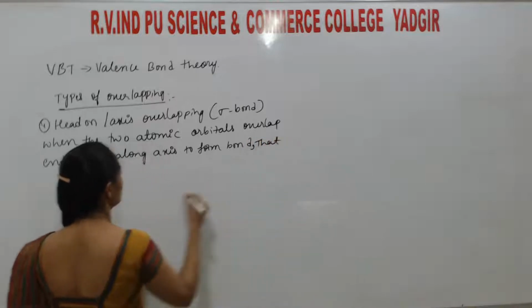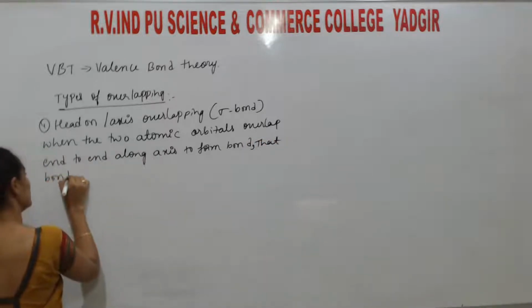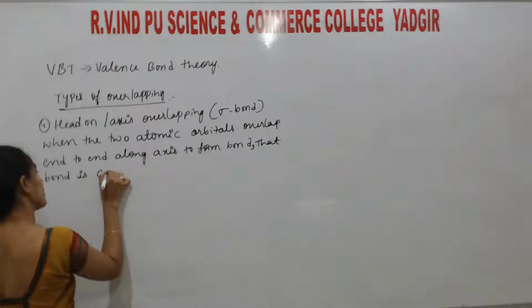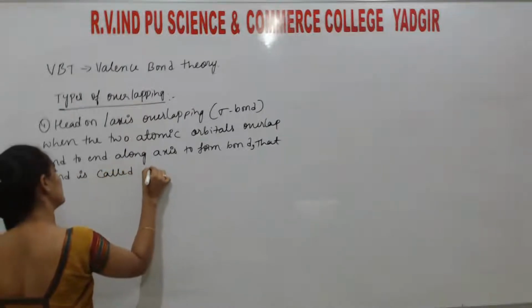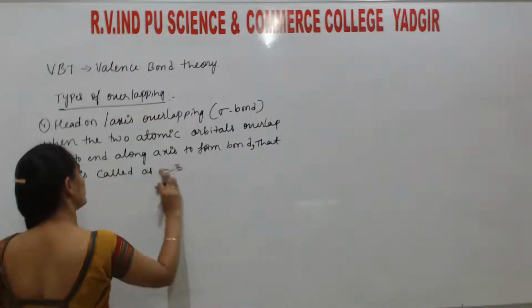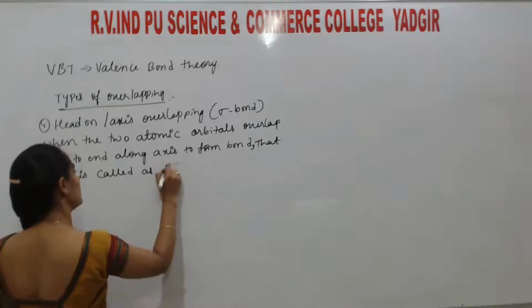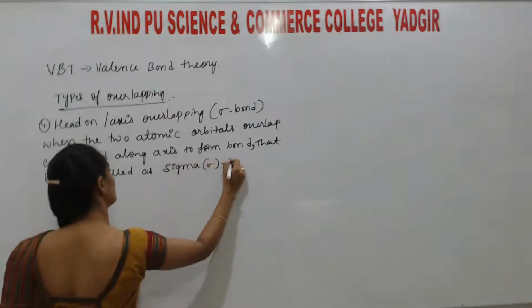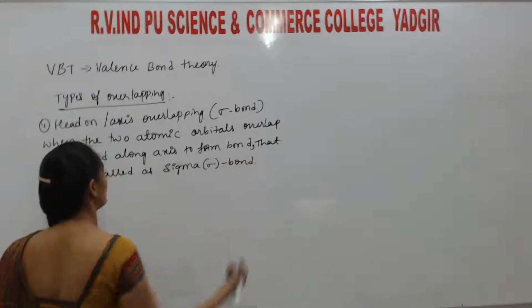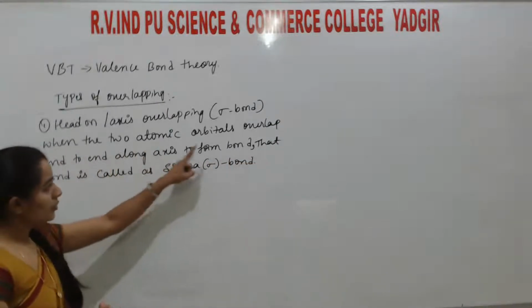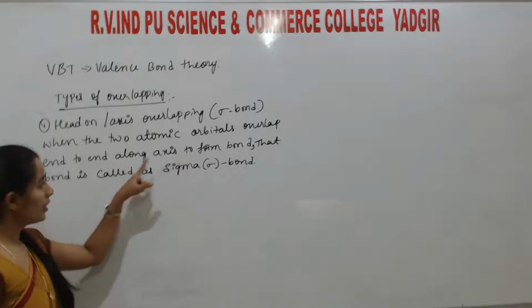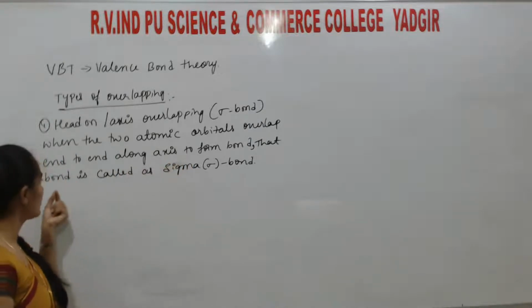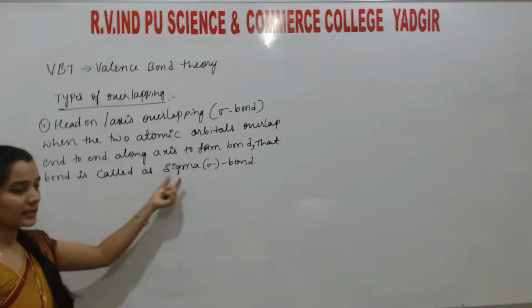That bond is called a sigma bond. You write it in words. Sigma bond. So the two atomic orbitals overlap end to end along the axis to form a bond. The bond is said to be called a sigma bond.